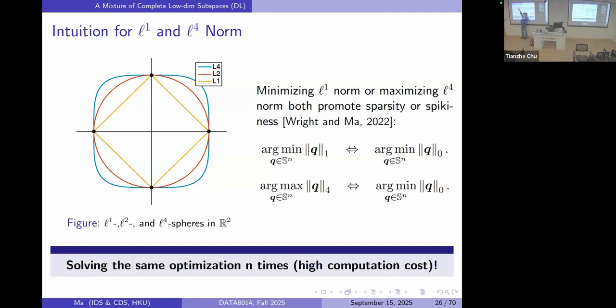Now, if you maximize it, if you shrink the 4 norm ball, those points touch the vertex first. It turns out geometrically, they are dual to each other. Minimize one norm, maximize 4 norm, are geometrically somewhat dual, okay? They are all promoting spikiness of the solution.